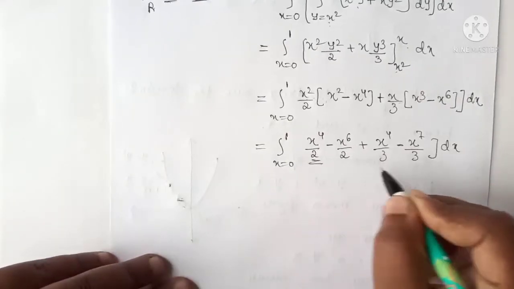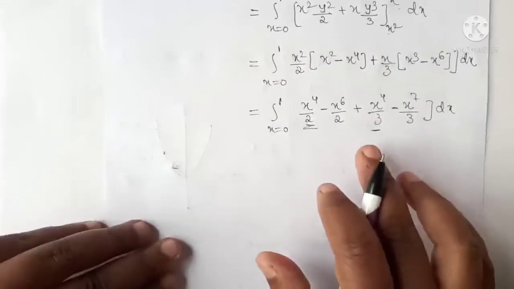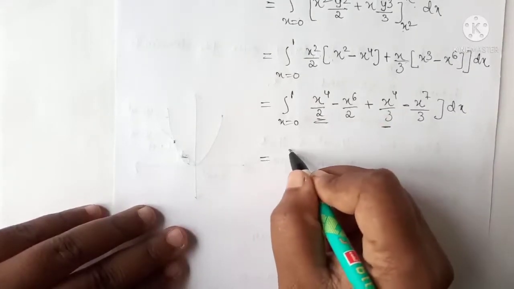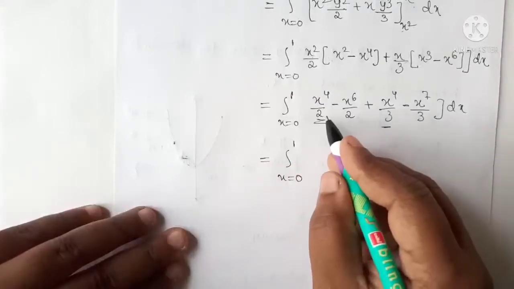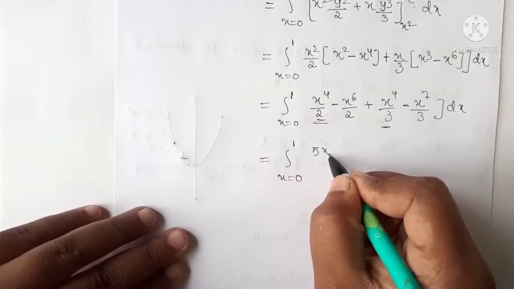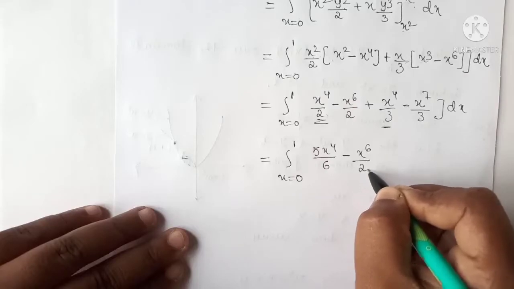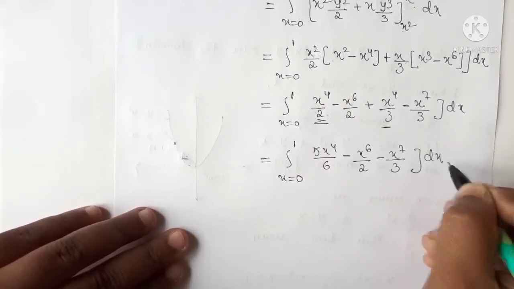Here we have x power 4 by 2 and x power 4 by 3, we can take LCM as 6 and simplifying we get integration x equals 0 to 1, x power 4, 3 plus 2 equals 5, so 5 x power 4 divided by 6 minus x power 6 by 2 minus x power 7 by 3 into dx.